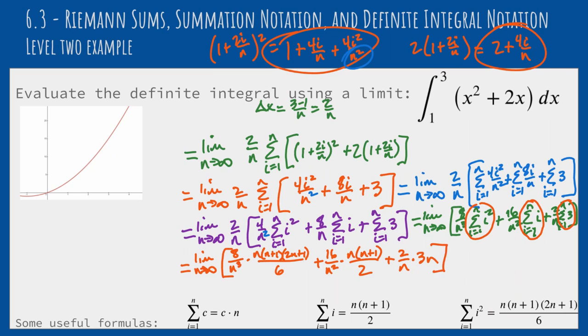Okay, now this looks even more complicated than the last step. However, we are at a point where we can actually evaluate the limit. That's exciting, right? So if we look at each term individually, think about what happens when n gets really big. What we have here is a polynomial divided by a polynomial. And if you remember, when we have a polynomial divided by a polynomial and n is approaching infinity, we can evaluate that by looking at the largest degree term, what's going to dominate the numerator and denominator.